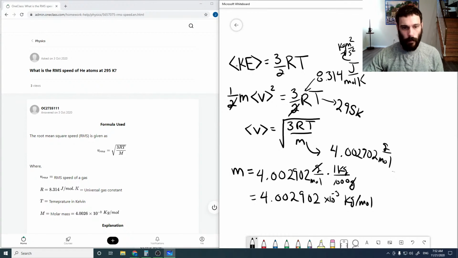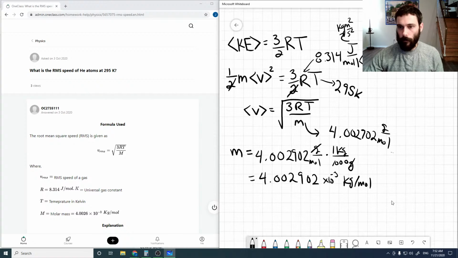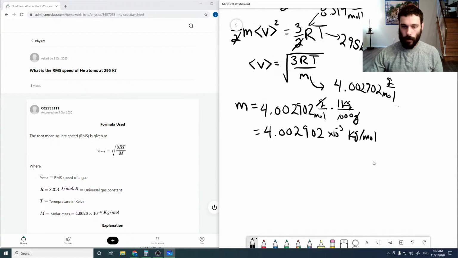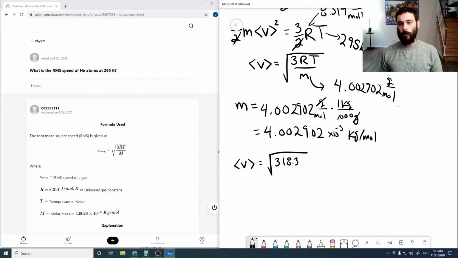Okay. And so using that mass and the other expressions, our RMS speed becomes the square root of 3 times 8.314 kilograms meters squared per second squared mole Kelvin, times T, which is 295 Kelvin.